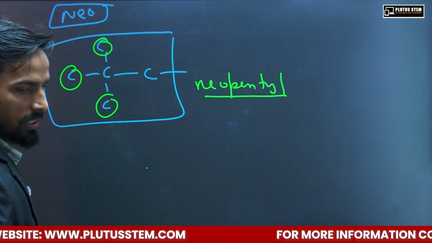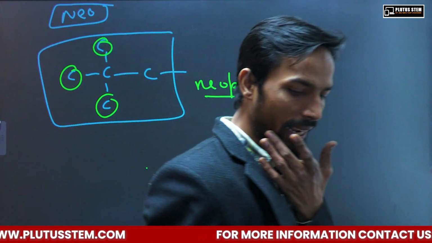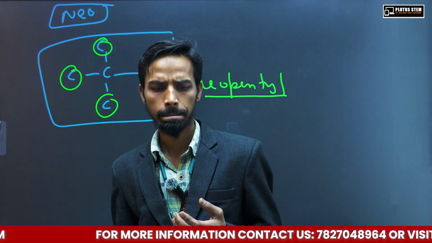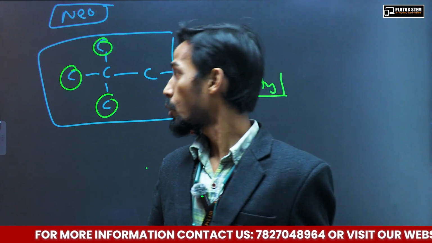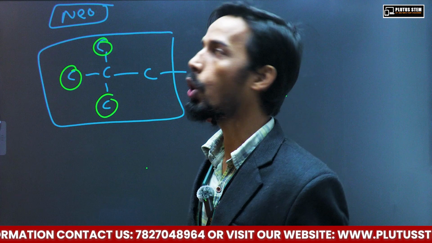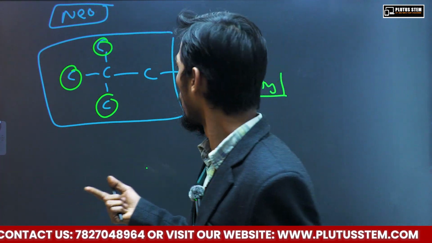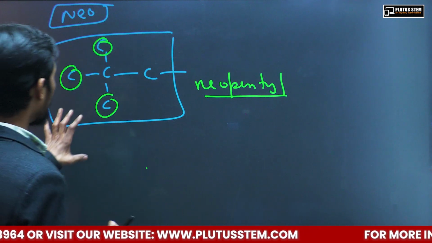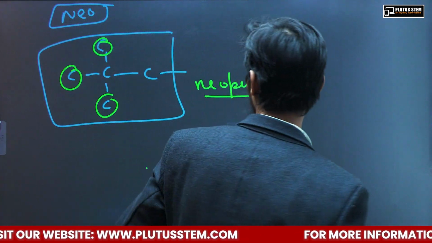Clear or not? This we will call neopentyl. Generally, if the second last carbon has three different carbons, then we call it neo. We can have a compound if the thing is over here like this.